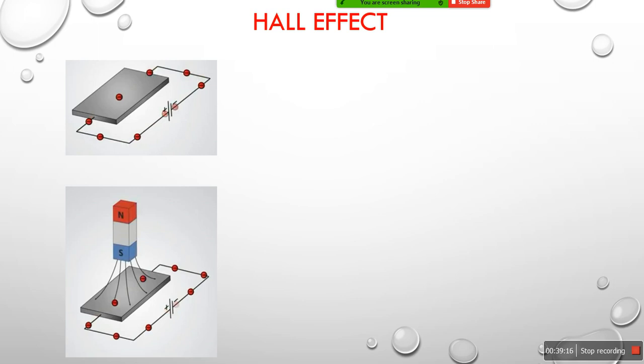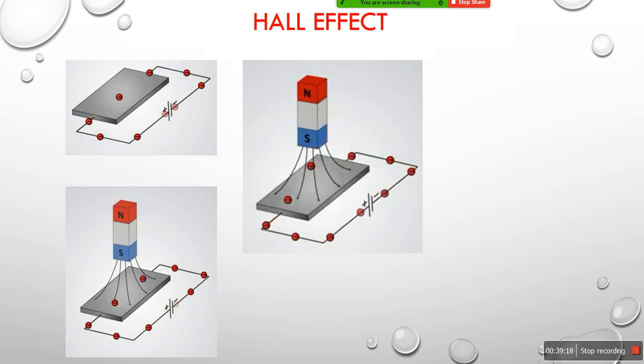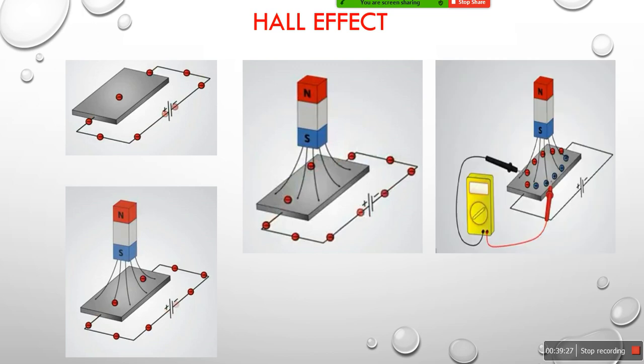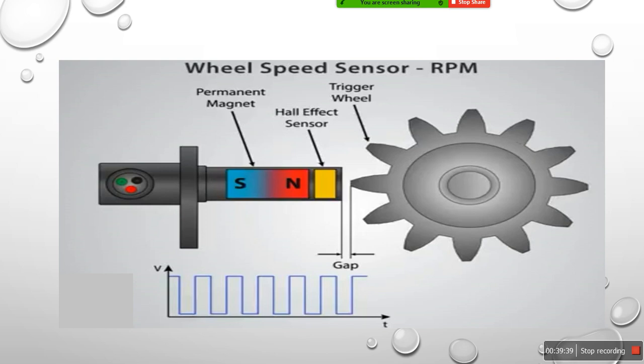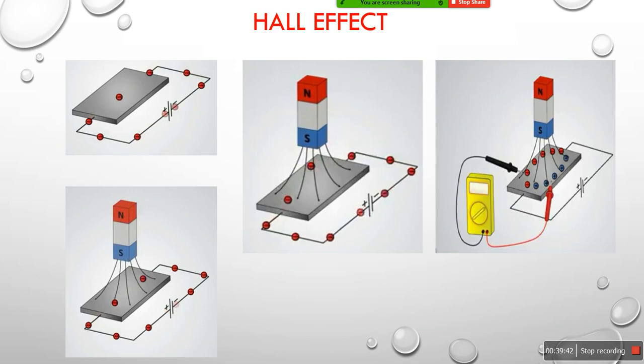As soon as the charge carriers are attracted by this magnet, under the influence of the magnetic field, slowly the charge carriers will move. When you place the magnetic field, a lot of charge carriers are developed, and whenever you measure the voltage on the plate, there will be a current generated due to the Hall effect phenomenon.